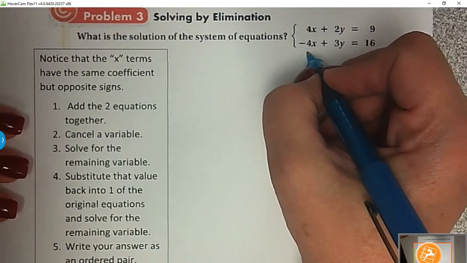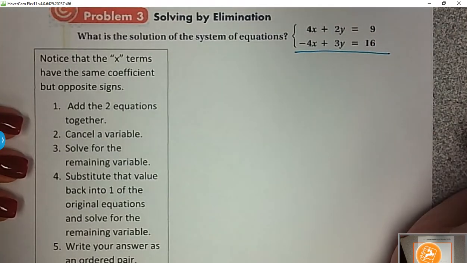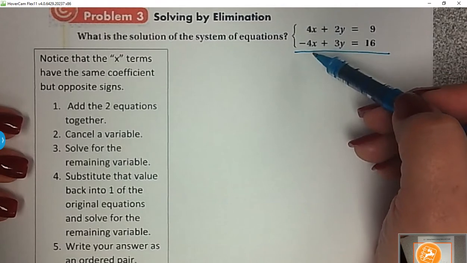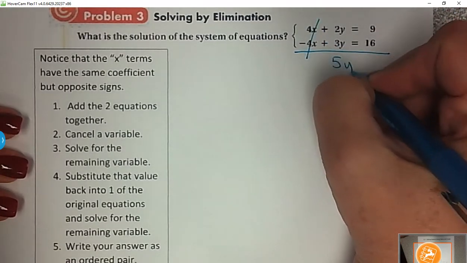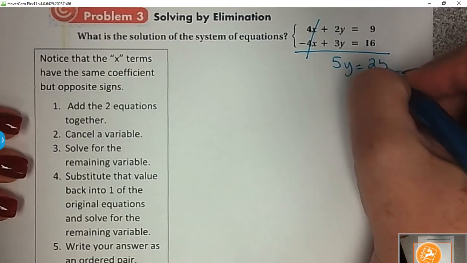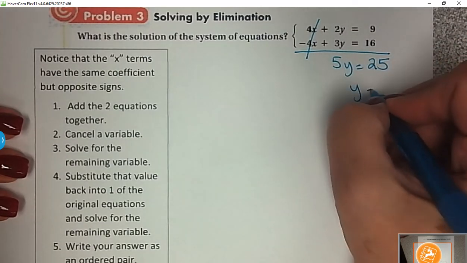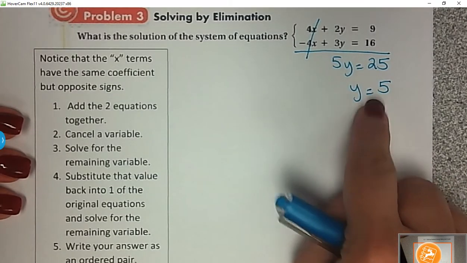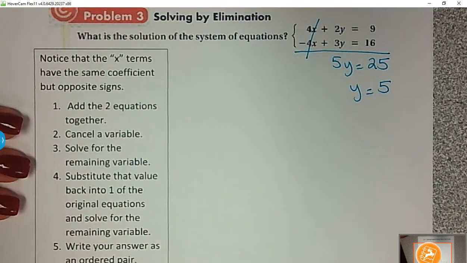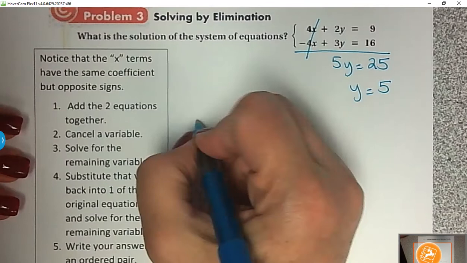So what I'm going to do is I'm just going to add these two equations together. My 4x plus negative 4x will cancel, and I end up with 5y equals 25. I can solve easily for y. Then I've got to take this and plug it back into one of the originals, and it does not matter which one. So I'm just going to use the top one.